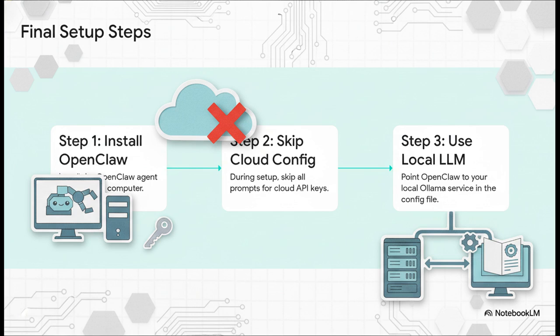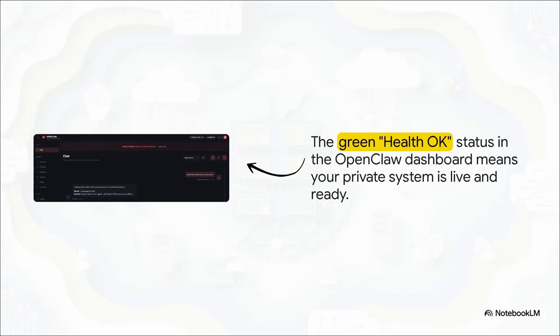Instead, you just make one tiny change in a config file that tells OpenClaw to talk to your local Llama service instead. And here is the moment of truth. After a quick restart of the service, you open up the OpenClaw dashboard and you see that beautiful green Health OK status. That's it. That's the confirmation we've been waiting for. Your agent is officially live and talking to your own private LLM.